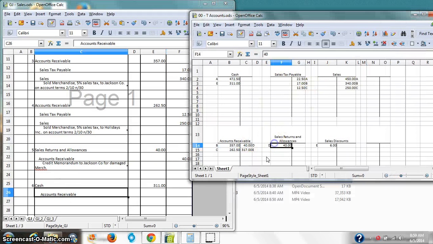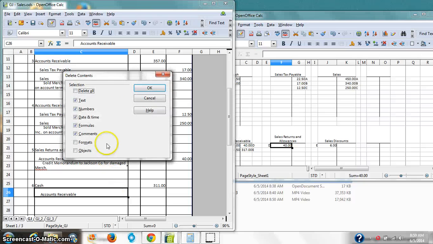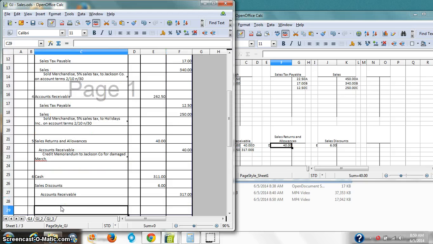Before I do this, I'll need to put the sales discounts, because that's also a debit. Sorry about that. Sales discounts is going to be equal to $6. There's my second debit account, and then accounts receivable, $317.